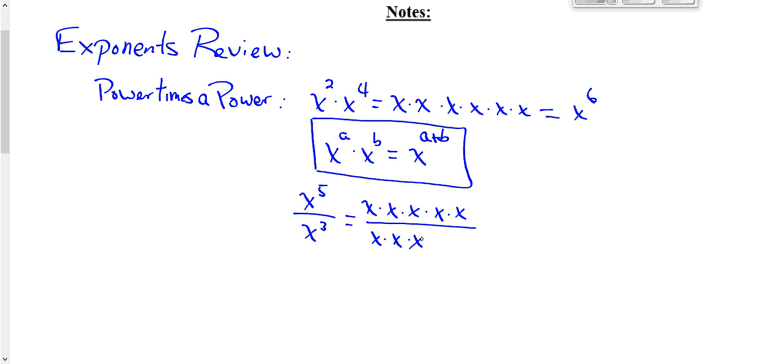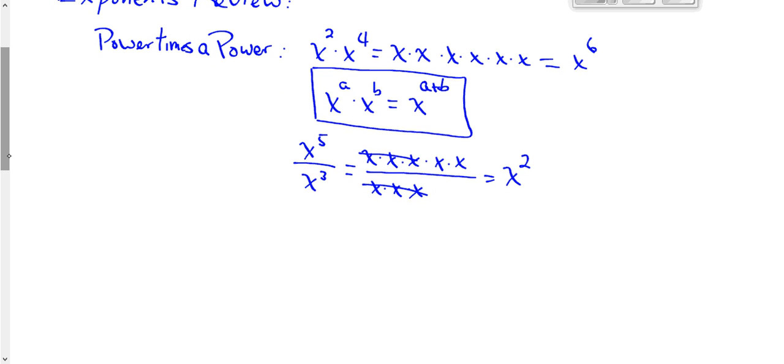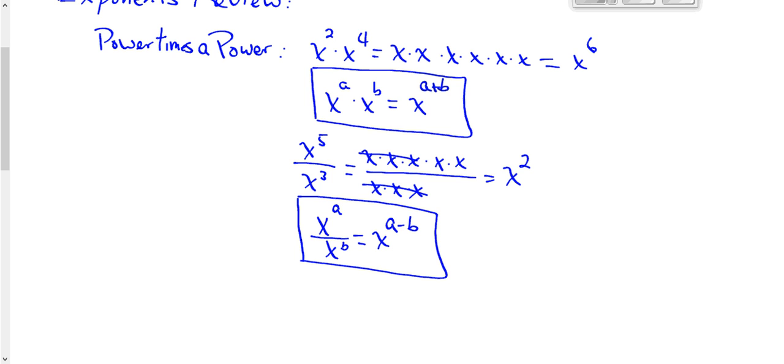And so wouldn't these 3 cancel there, and what are you left with? Equals x squared, right? So if I'm dividing then, what would you say the rule is? If I say x to the A over x to the B, what would that be? A minus B, yeah. We did the division one before, I'm pretty sure, right?